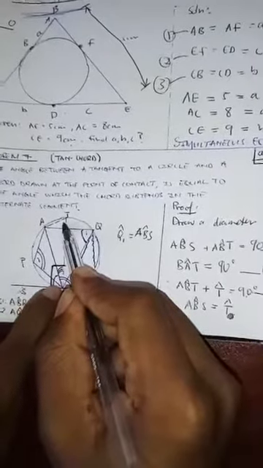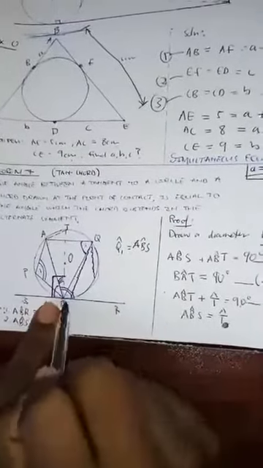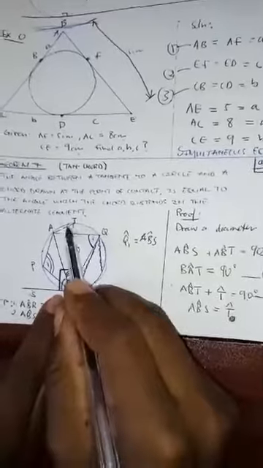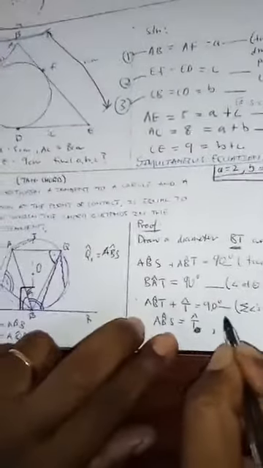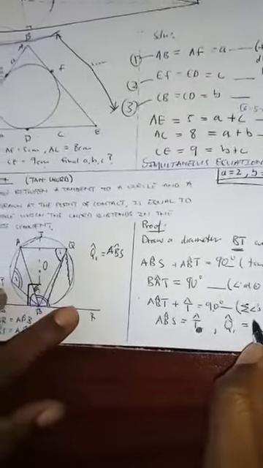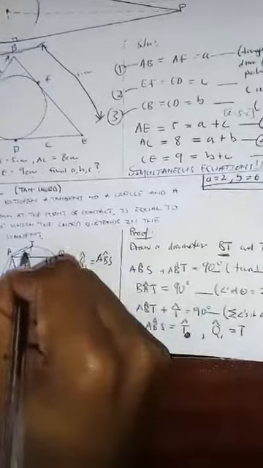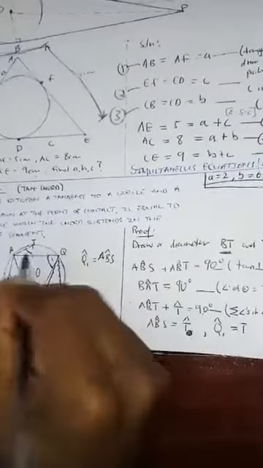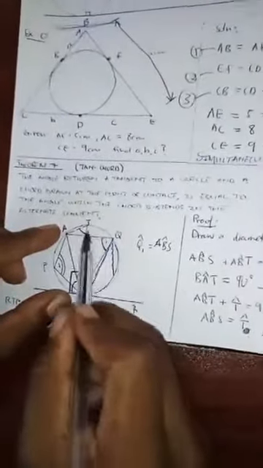Because these are angles in the same line segment. So ABS should be T, and ultimately angle Q1 is equal to angle T, so that angle should be equal to that angle also. See those two angles? It's a theorem we dealt with last week. Those angles are subtended by the same chord, so those two angles should be equal.